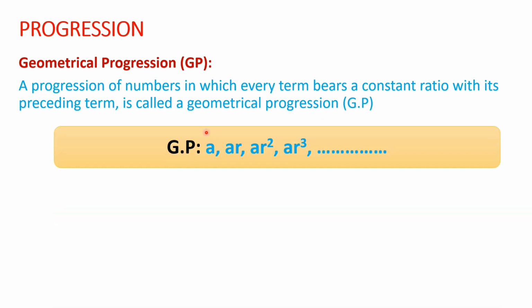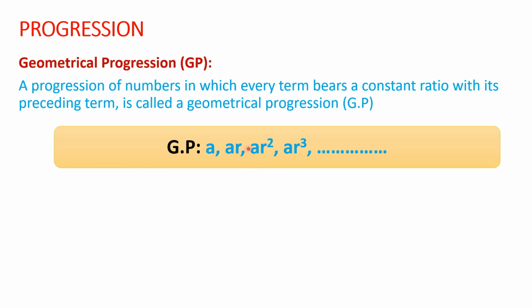Now let's see the GP. This is the sequence of GP, and the first term is a, ar is the second term, ar square is the third term, and ar cube is the fourth term, and it goes on like that. In this sequence, if you divide the second term by the first term, we get r as the ratio.